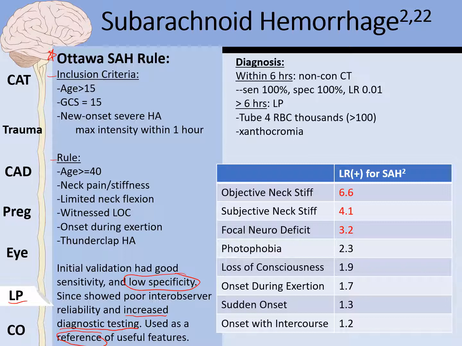As you can see, neck stiffness has a very useful positive likelihood ratio of 6.6 if observed on exam and 4.1 if subjective. Focal neurologic deficits are a little useful at 3.2. Interestingly enough, loss of consciousness does not have a useful positive likelihood ratio. However, I would still suggest having a low suspicion to test for subarachnoid hemorrhage if the headache is associated with loss of consciousness.